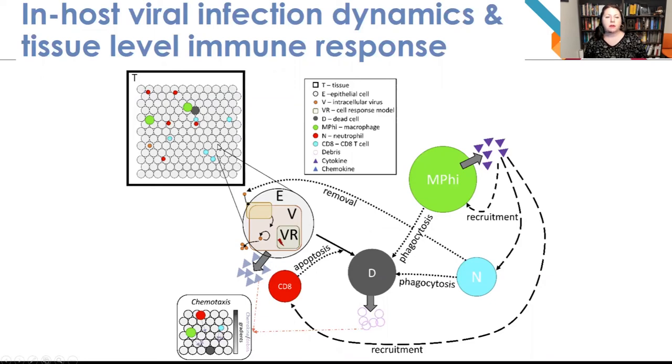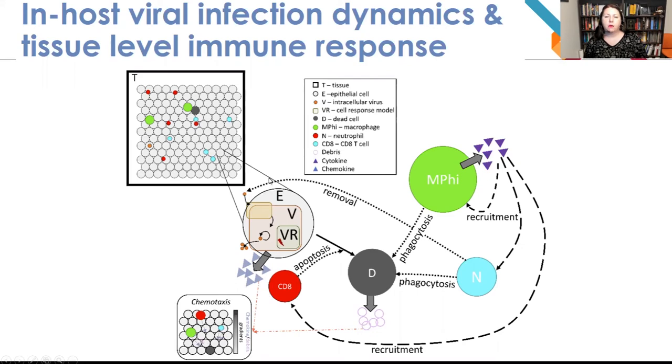The virions can move through this tissue, virus cells endocytose and replicate and have other viral processes inside of the epithelial cells. Virions are secreted, they can move. Other cells can also move and chemotax through this tissue in response to different gradients, different signals.